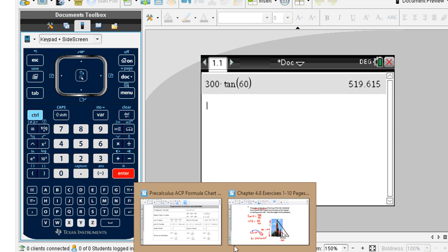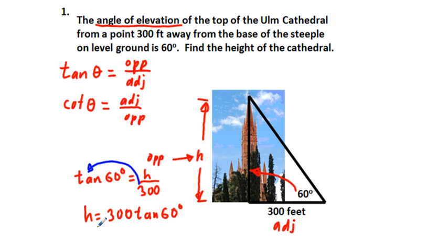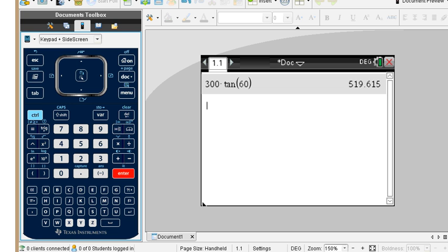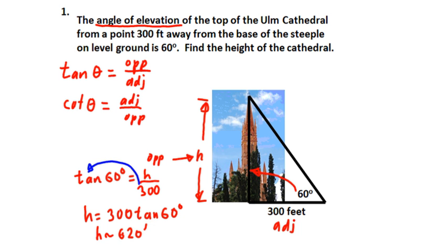So we go back here and put in h is approximately equal to 620 feet. I think that's it, isn't it? There's 520 feet. Yeah, 520 feet. Let's go fix that. So about 520 feet.